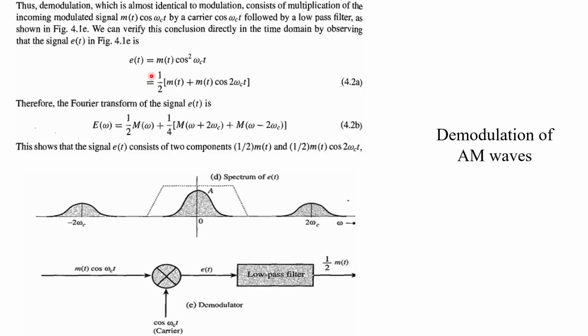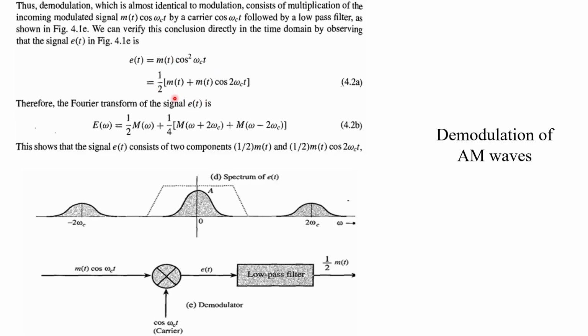This is also called the error signal, that is m(t). Since your modulated signal is m(t) cos ωt, now we are going to multiply with another cos ωt. So that is why this is cos squared, right? And now for cos squared, you can use a formula to convert back.